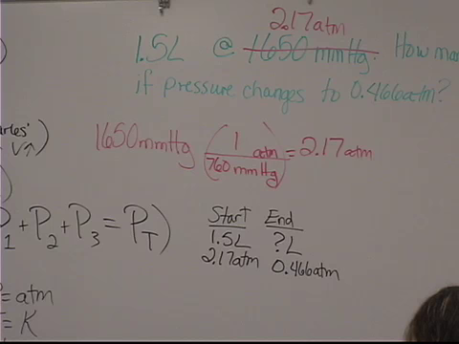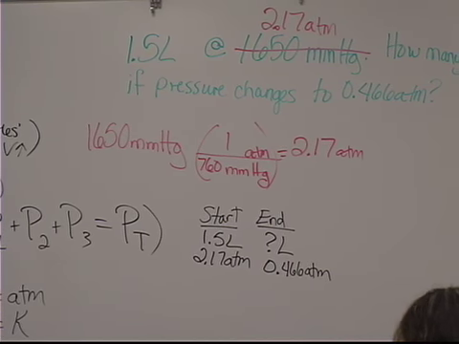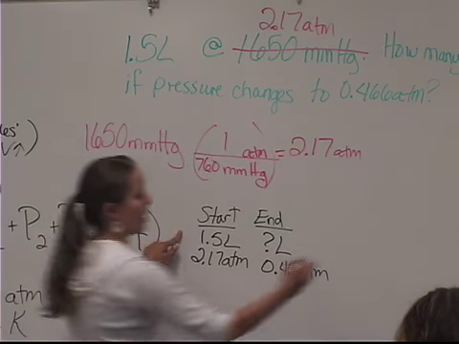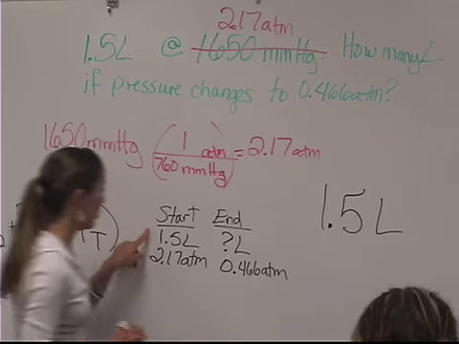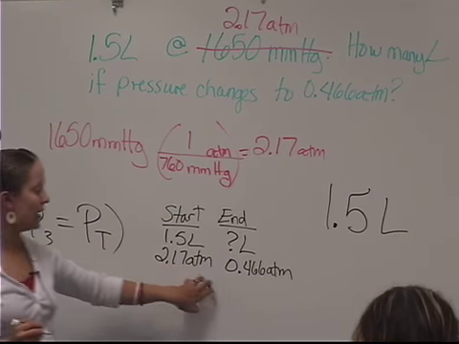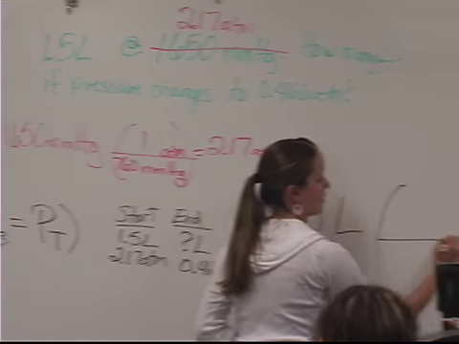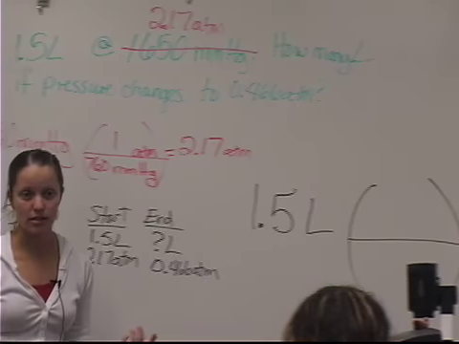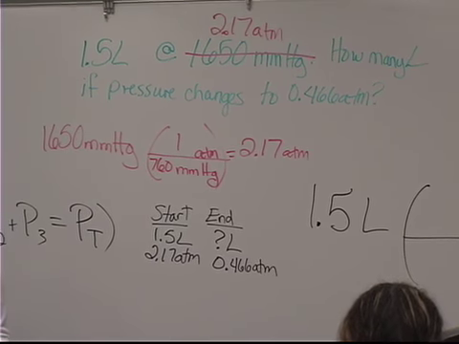Well, which number are we going to start our problem with? Volume. When in doubt, start with volume. So I'm going to start my main problem now, finally, with 1.5 liters. Now, I have two ATMs. Before, in the parentheses that I did for stoichiometry, what would we normally have put on the bottom so that it would cancel?